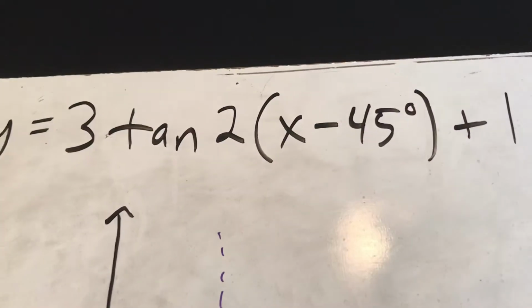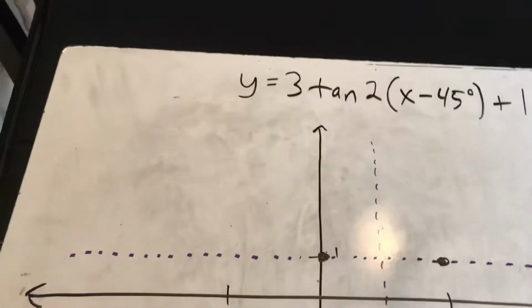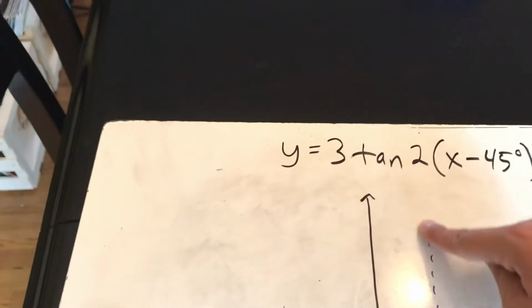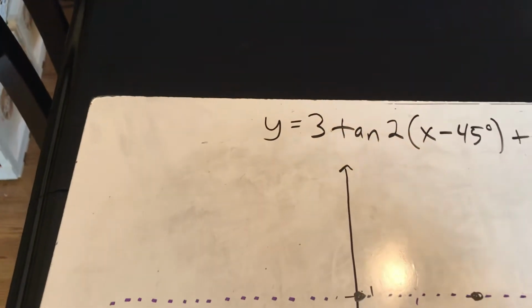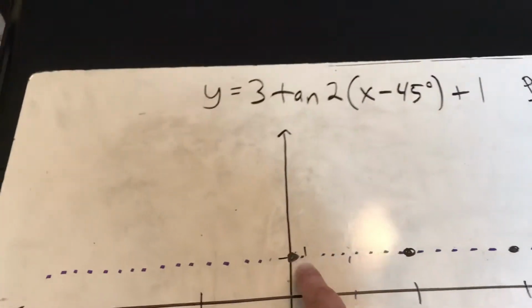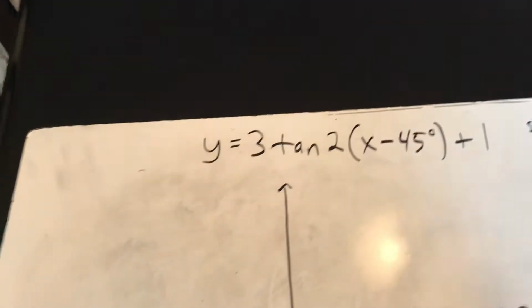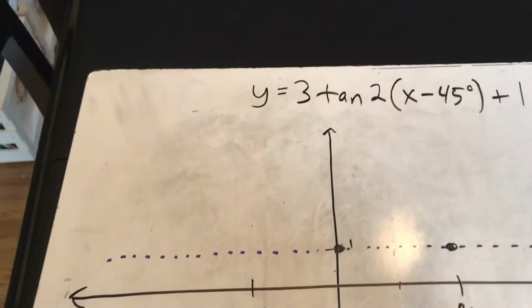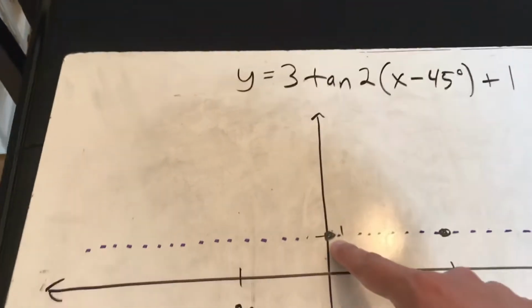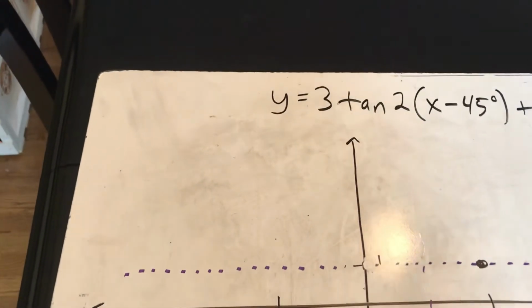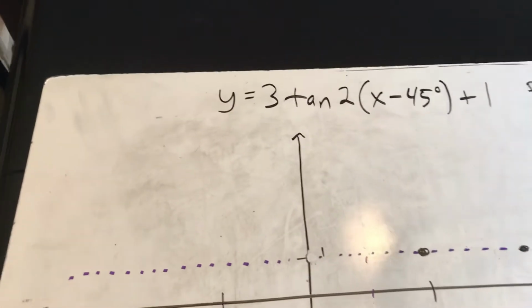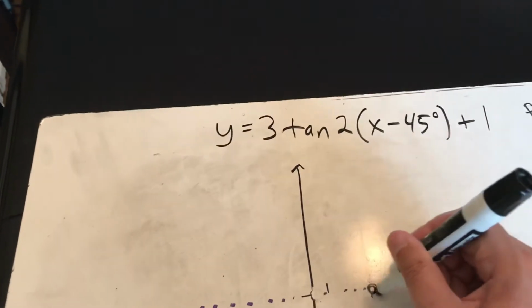There's a horizontal shift as well. So I have a little bit more going on here than I thought I did. Okay, let's take care of that first then. This is not where these are going to be, because there's a 45-degree shift to the right. So instead of having a point at 0, this is going to get shifted 45 degrees to the right. We're going to have an intersection point at 45.